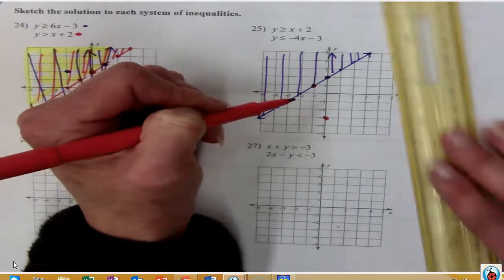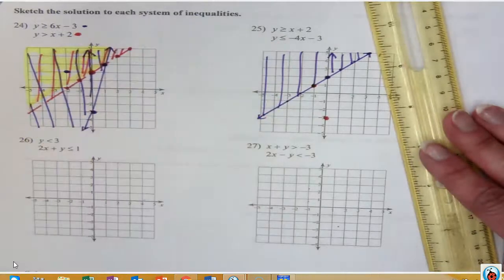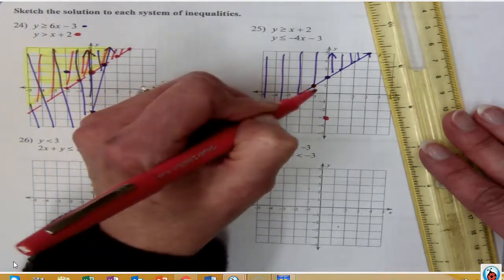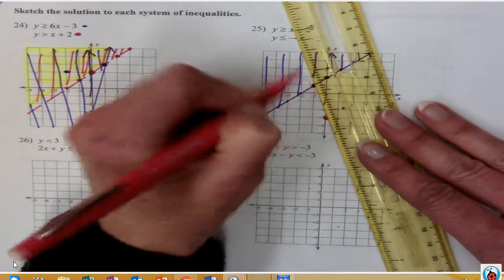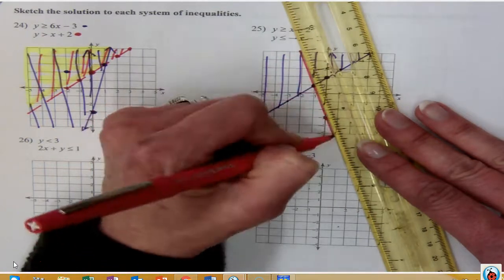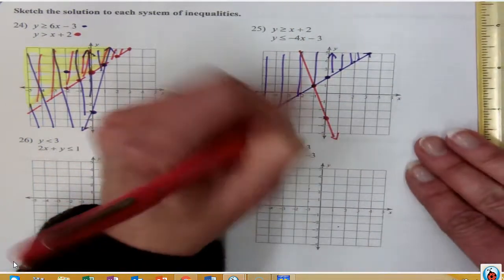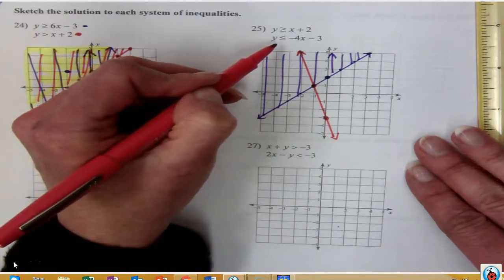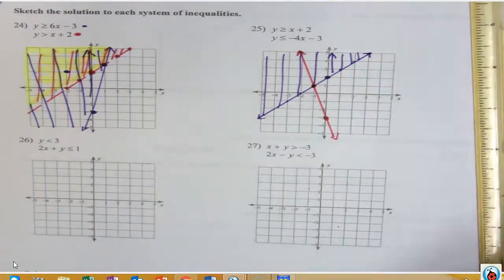So then I can graph that. It's a solid line because it's equal to, and now I see that y is less than, so I'm going to highlight less than.